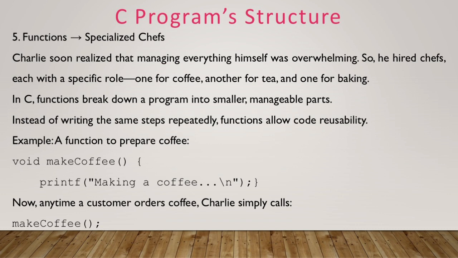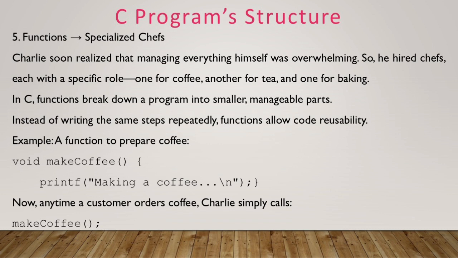In C also, functions break down a program into smaller manageable parts. If we don't break it down, the whole code will maybe be 500 lines together, all in procedural order, one by one. So instead of keeping everything together, we organize the things into smaller sections, smaller steps.